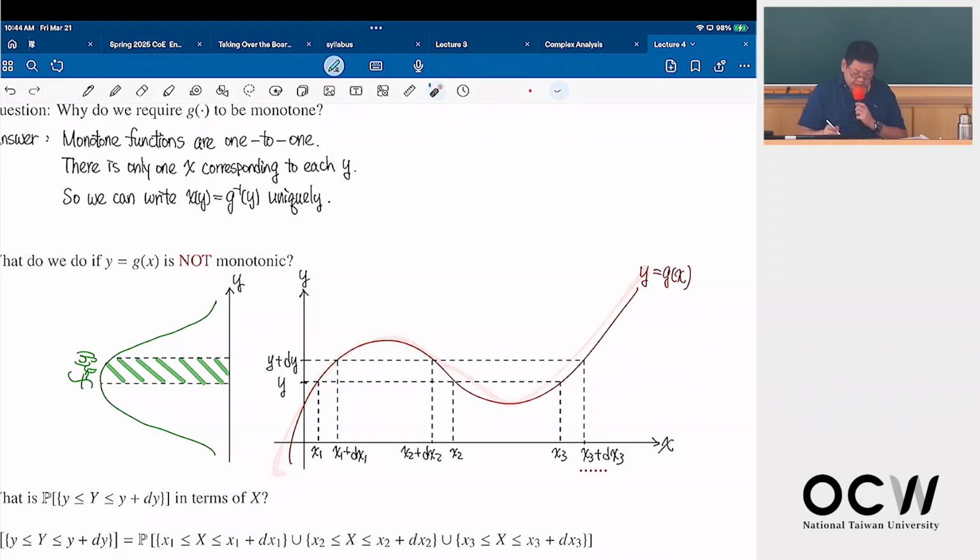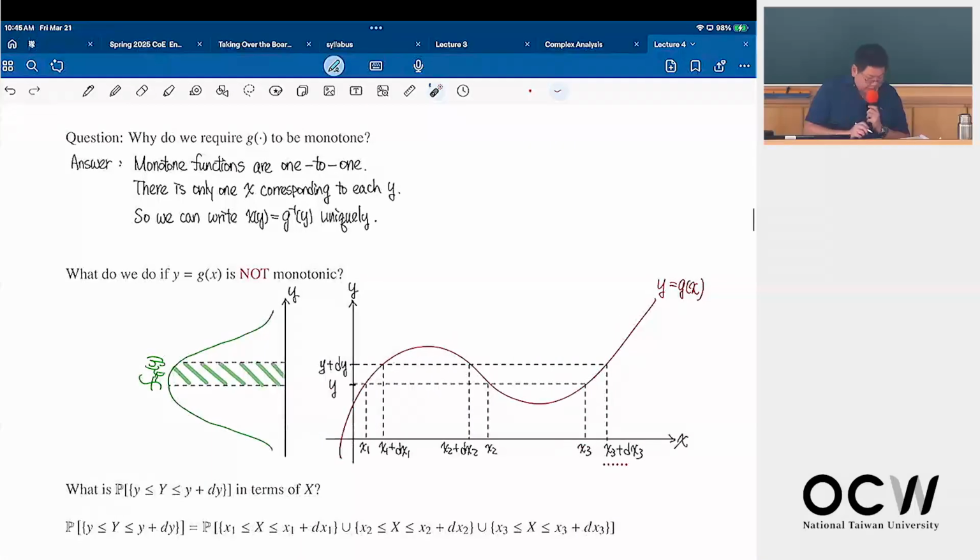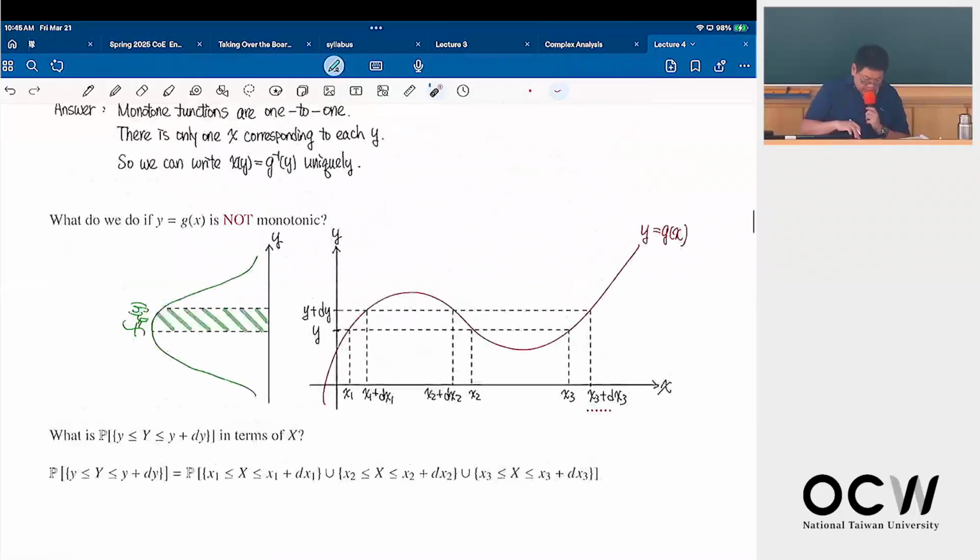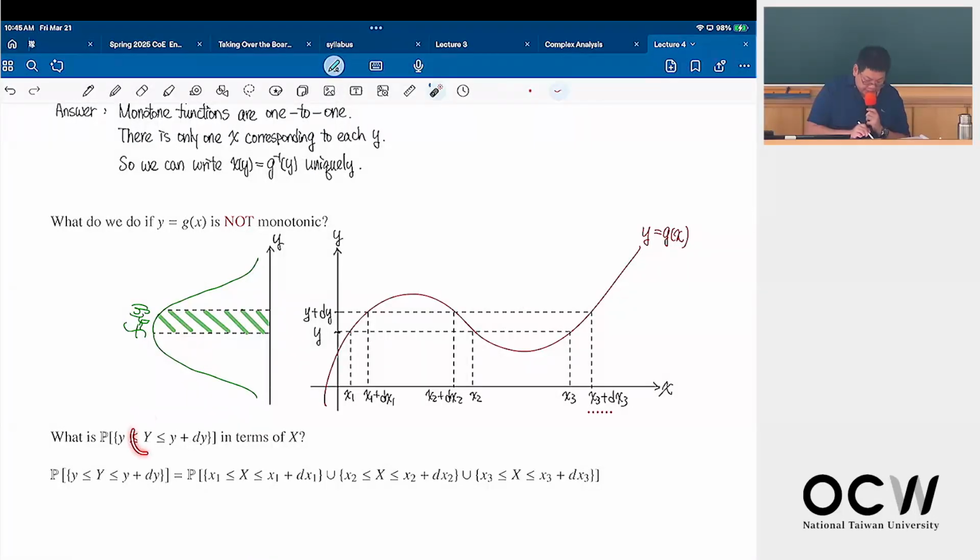All right. Okay, so now suppose we have a function. It is not monotonic. You can see that it is increasing and decreasing, increasing. So suppose I have a y here, and plus a little increment. So y plus dy here. Then what is the probability of this random variable y between these two?